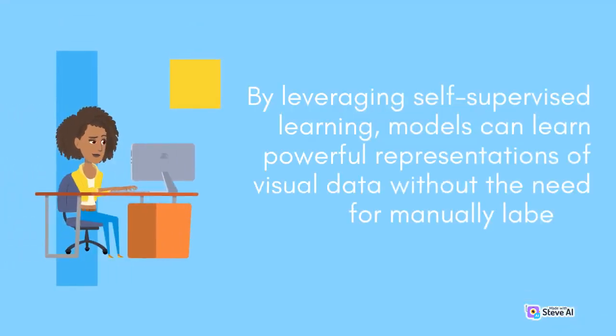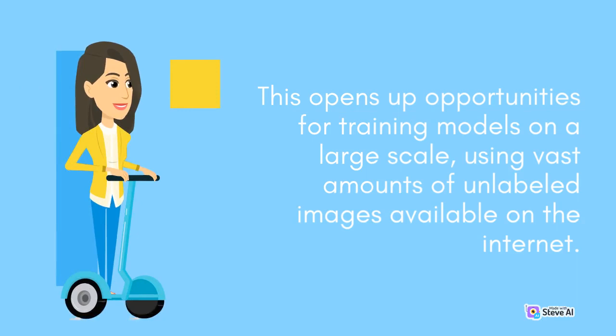By leveraging self-supervised learning, models can learn powerful representations of visual data without the need for manually labeled datasets. This opens up opportunities for training models on a large scale, using vast amounts of unlabeled images available on the Internet.